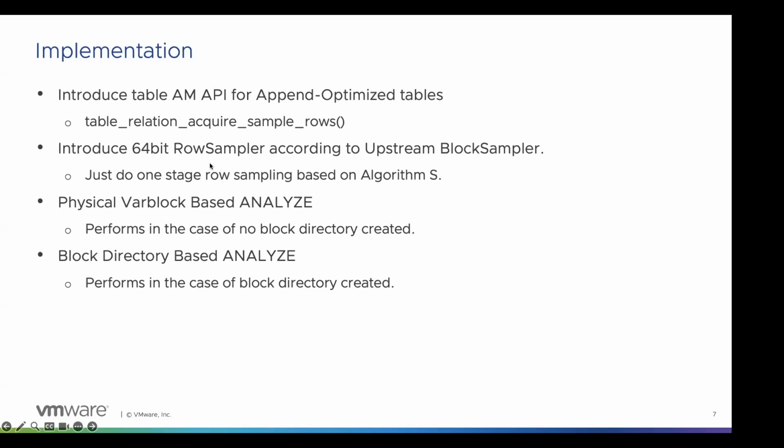And because we are using algorithm S, where the original algorithm uses a 32-bit integer to store the block number, but the row number now exceeds this range, we use a 64-bit integer to store the number of rows. So it's just a copy of the block sampler with the type changed.